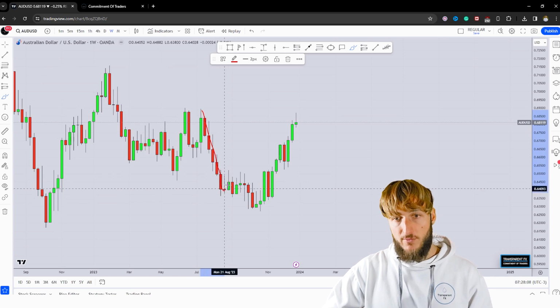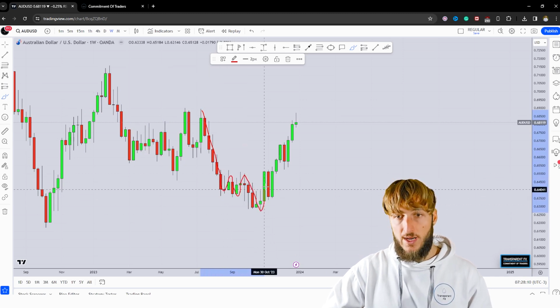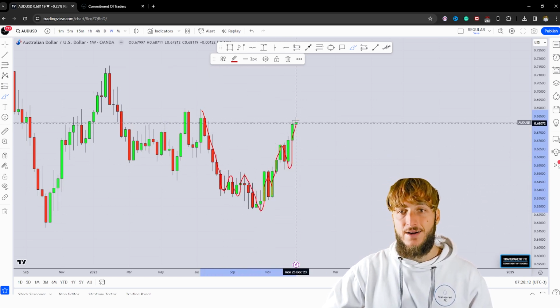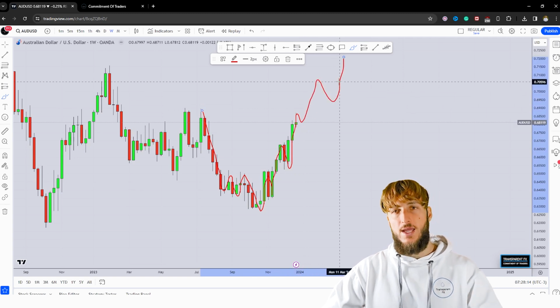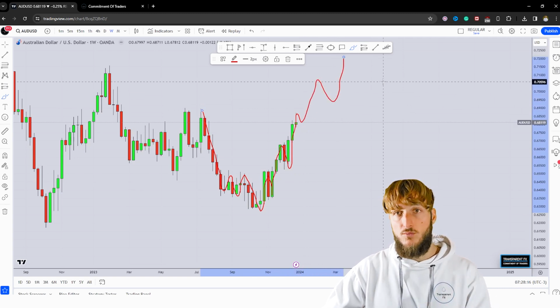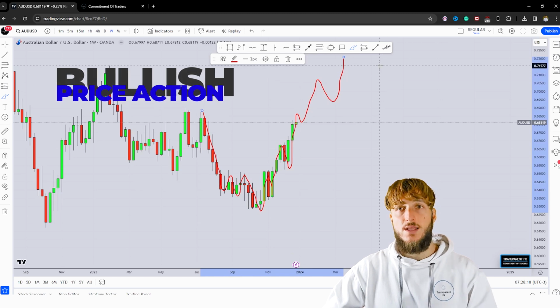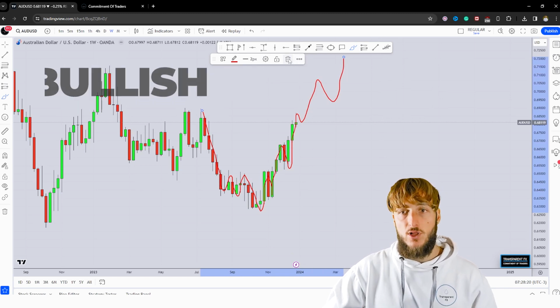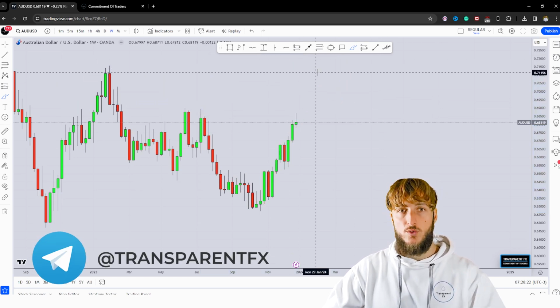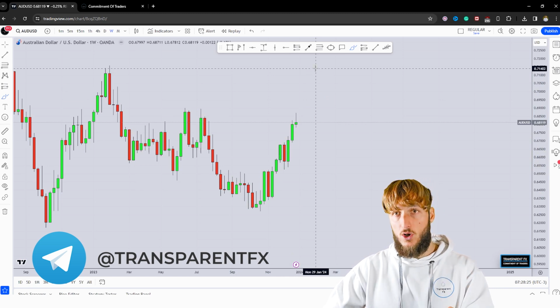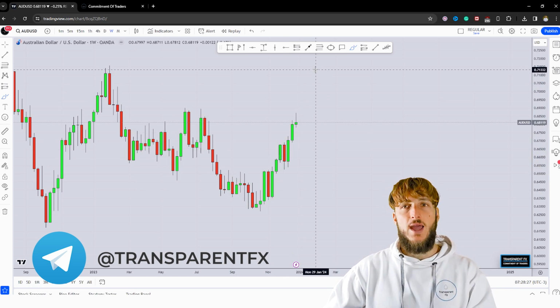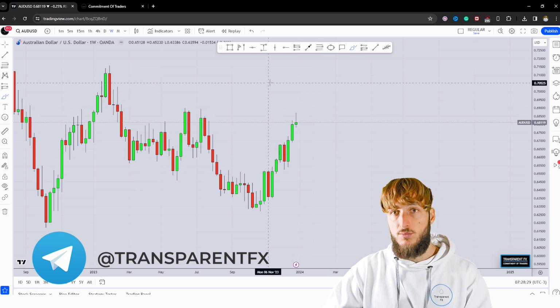In fact, we went from creating here lower lows and lower highs to now creating higher highs and higher lows. So in a situation like this, we could expect more bullish continuation to be created away from this level and for this market to continue pushing higher. So also from a weekly standpoint, everything seems quite bullish.